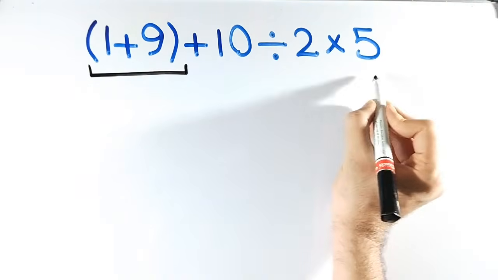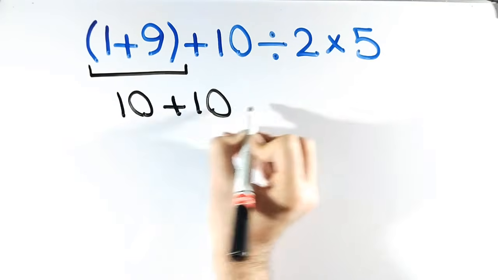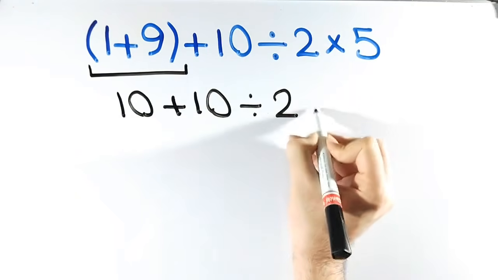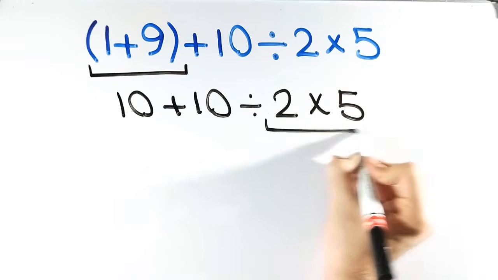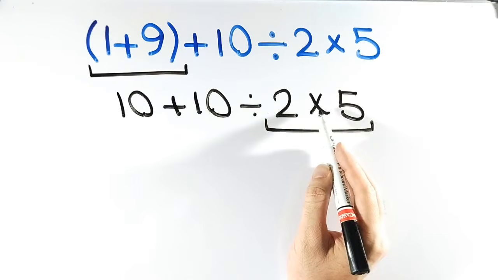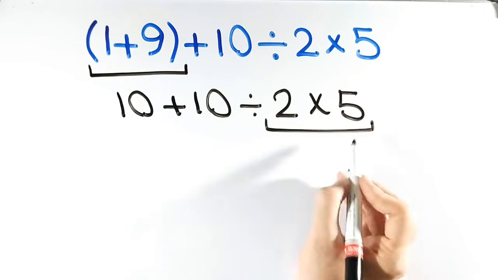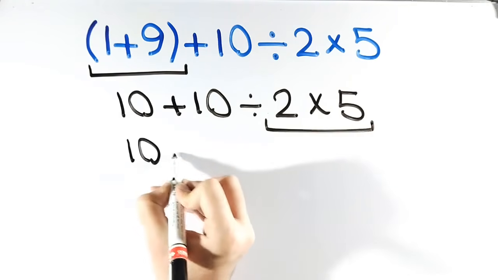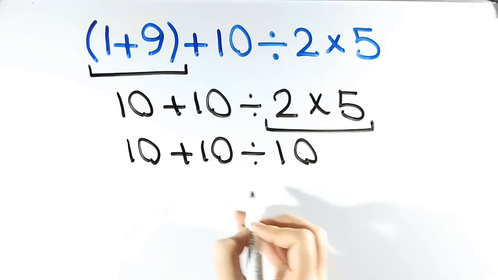Also, some other people, when solving this question, again go straight to the expression inside the parentheses, and instead of this expression, they write 10 plus 10 divided by 2 multiplied by 5. And the next step, they go for the multiplication between 2 and 5, because they believe multiplication has priority over division. So, instead of this expression, they write 10 plus 10 divided by 10.